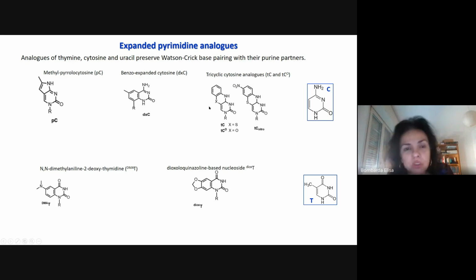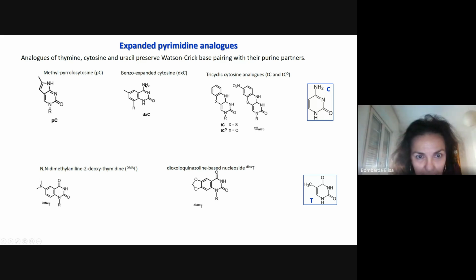They found application in the study of nucleic acids. That is the case of cytosine, which is expanded, and here is thymine, which is expanded. Important is to see that in many of them, like this analog or this analog, you maintain the groups that are involved in the base pairing.